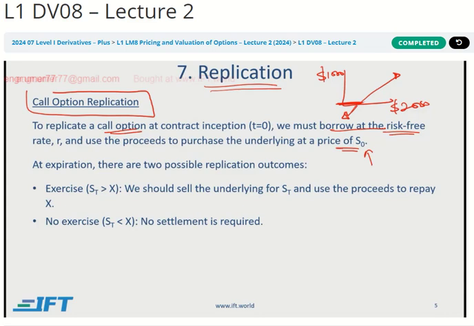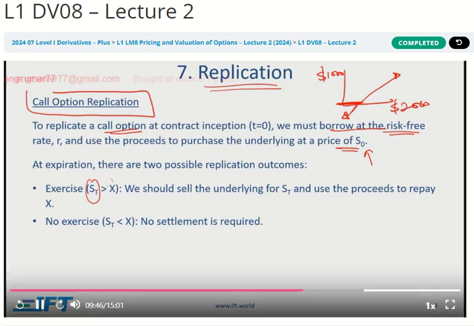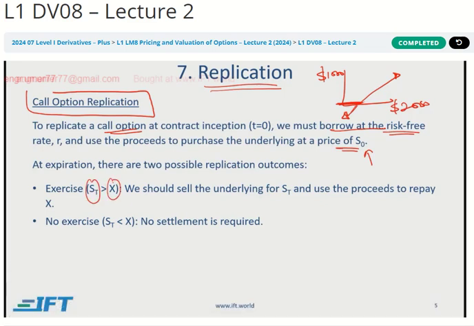So as far as the upside is concerned, which assumes that the spot price or the stock price will be greater than the exercise price, that part we can easily replicate, because we can borrow money and buy the asset, and if the asset price goes up, then we will be able to sell it at a higher price, above our cost, and we will have profits, just like the option would have as well.